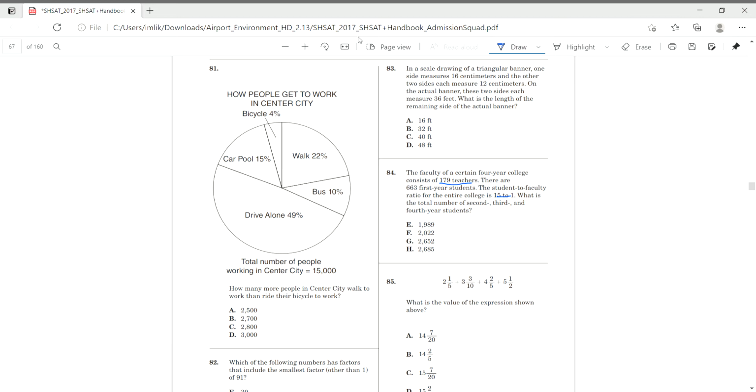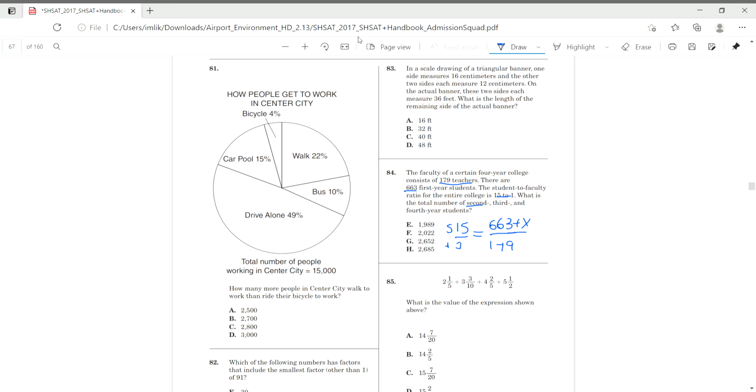So what we can do is set up a proportion. So we know that 15 students is equal to 1 teacher. And we know that there's 179 teachers in total. But we want to find the second, third, and fourth year students. And since this ratio relates to the total number of students, we can write our total number of students as an expression. 663 plus X amount of second, third, and fourth year students combined.